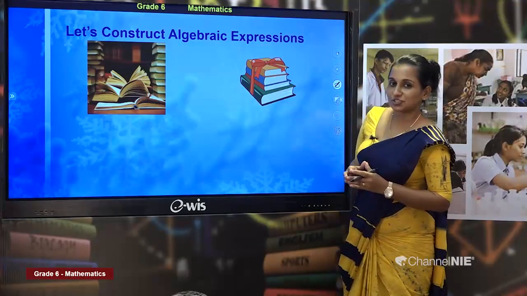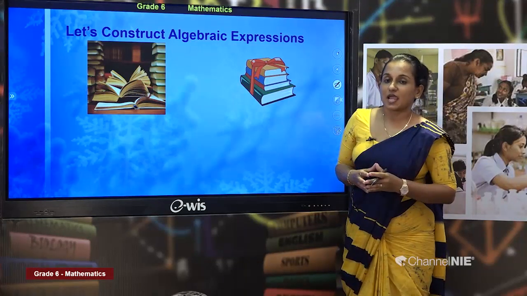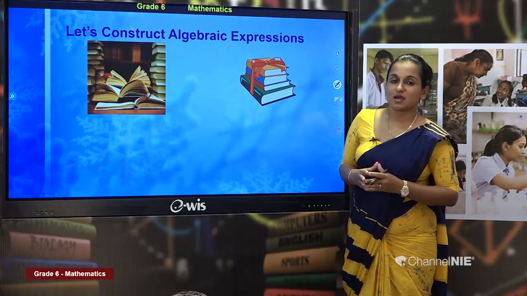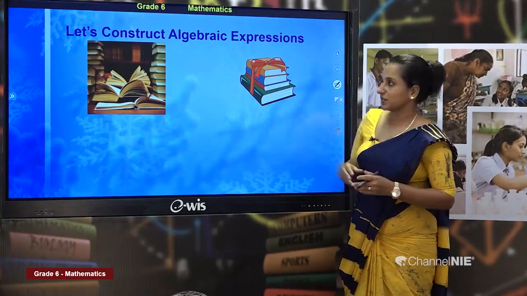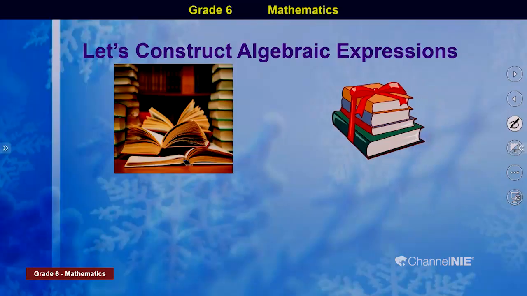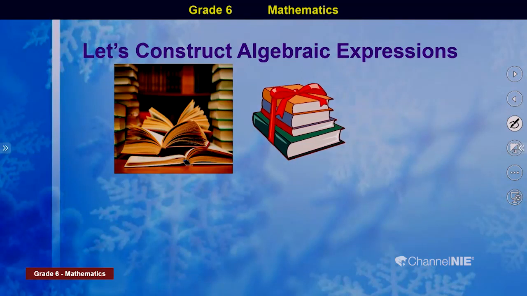Here in the picture, you have a library. I donated 4 books to the library. Now, I want to find the total number of books in the library after donating these 4 books.